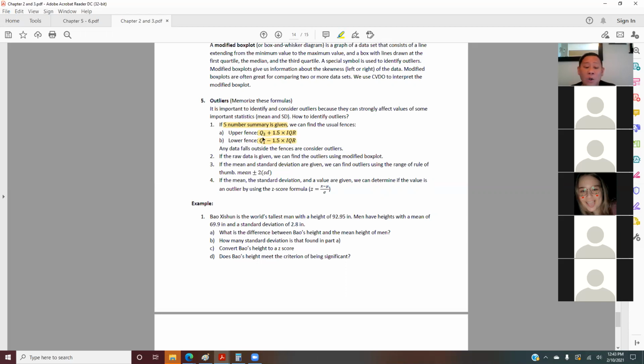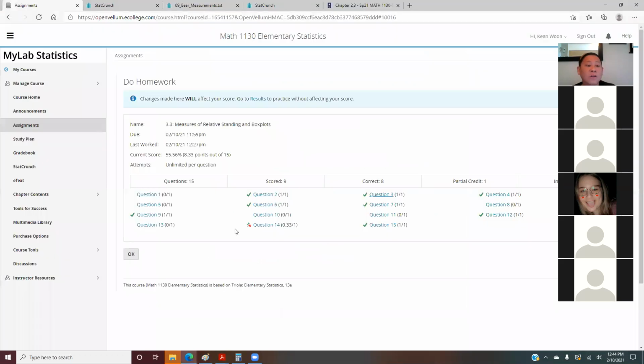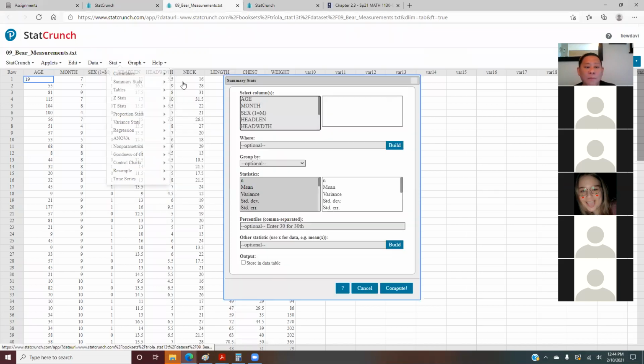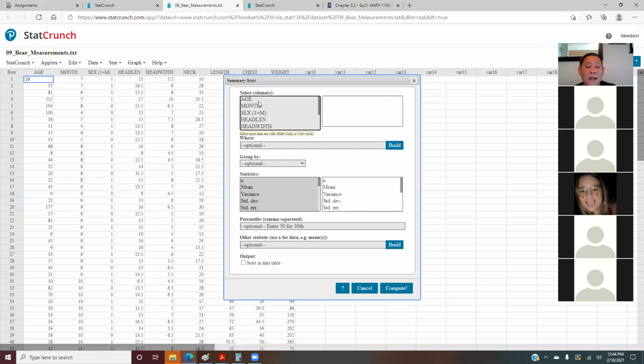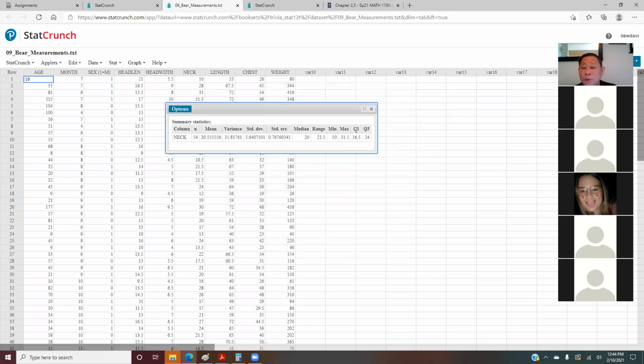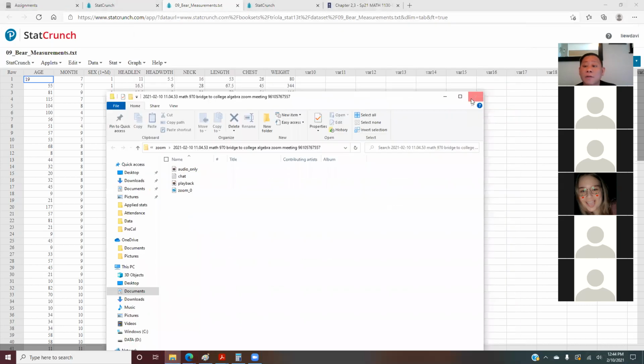So IQR, Q1 and Q3 you can find using StatCrunch. If you go under Stat, under Summary Stats, by Column, the same thing you guys did, let's say I do neck, for example, you will have Q1 and Q3 here. Does anyone know what IQR is?